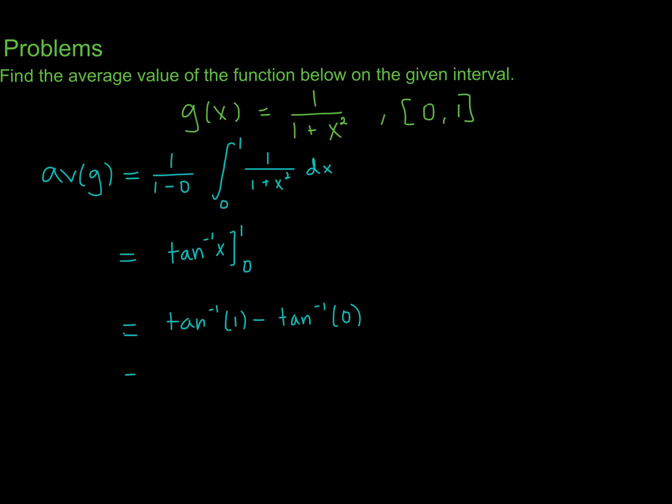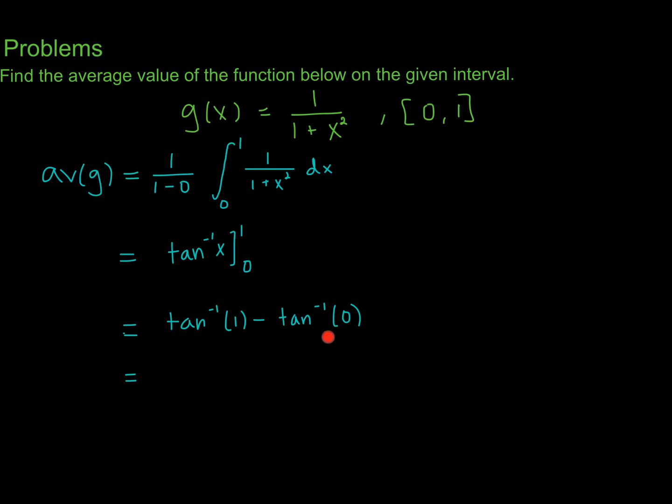And of course, remember, inverse trig functions are read as follows. The angle whose tangent is 1 and the angle whose tangent is 0. And so if you just envision your unit circle, remember, tangent is sine over cosine. In other words, it's the slope of that terminal ray. And so we're thinking about where is the slope going to be 1, and that's going to be at pi over 4.